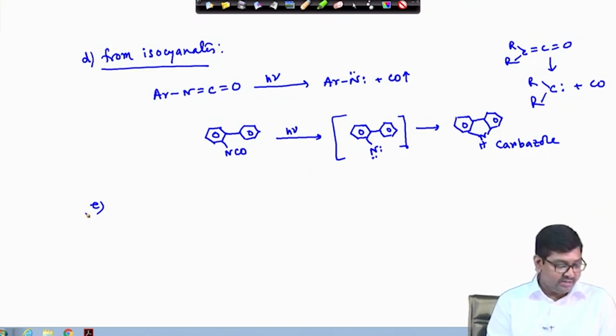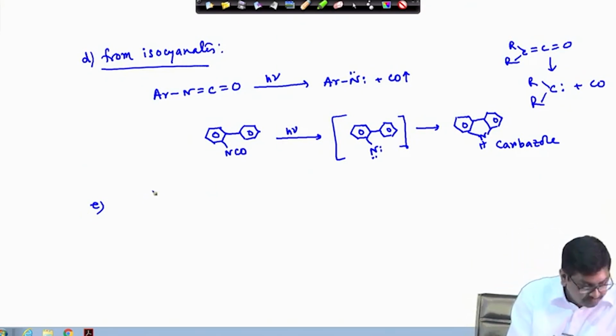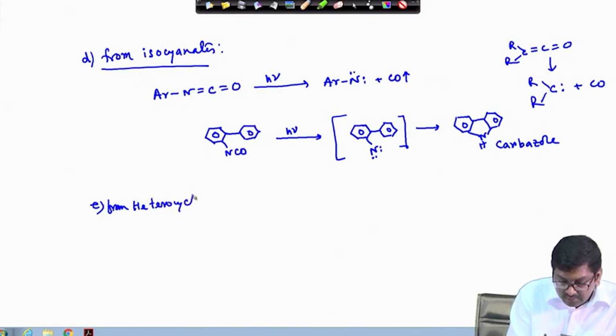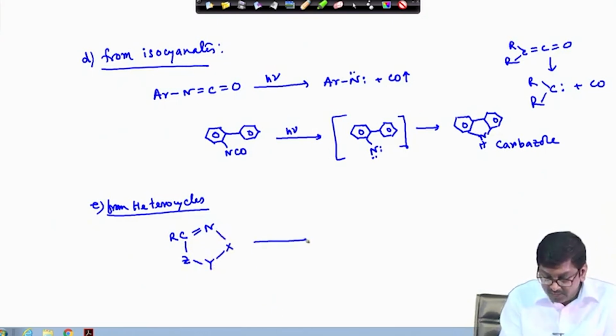These lead to the development of various other sources for generation of nitrenes. As per example, if we take these heterocycles, so from heterocycles, take this heterocycle under thermal or photochemical irradiation.